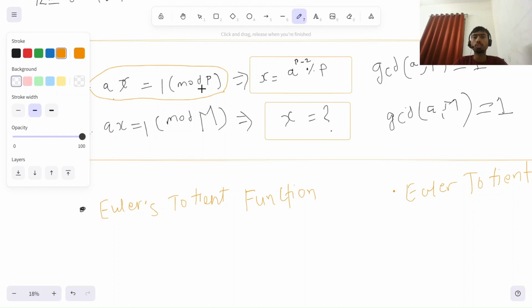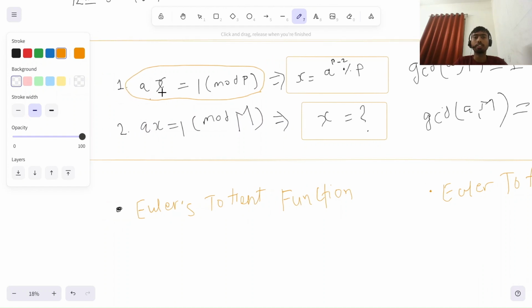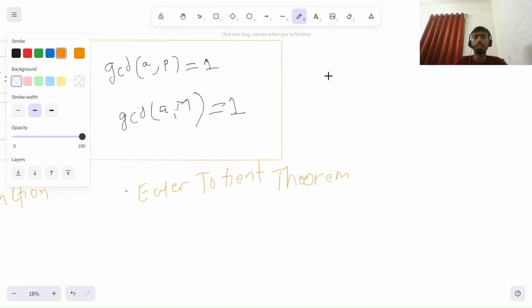We have used the first equation, or Fermat's Little theorem, several times in competitive programming questions, and we already know a beautiful modulus value, which is 10 to the power 9 plus 7, which is also a prime number.